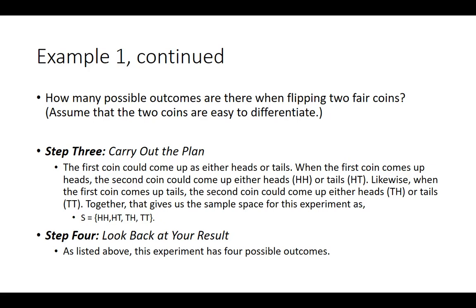Together, that gives us the sample space for this experiment as the set S containing HH, HT, TH, and TT. Step 4, look back at your result. As listed above, this experiment has 4 possible outcomes.